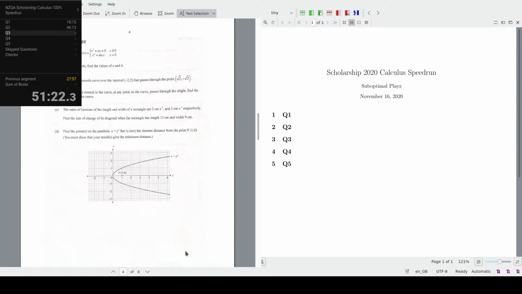It's a negative of the slope of the line from 0, 0 to x naught, y naught. The slope of the line is y naught on x naught. Cool. So dy dx is normal.